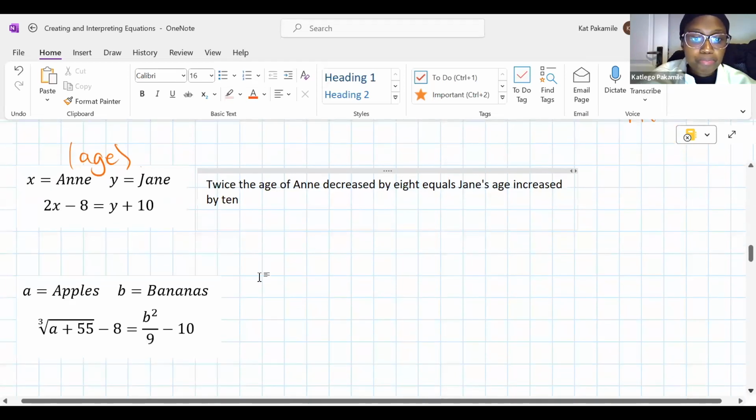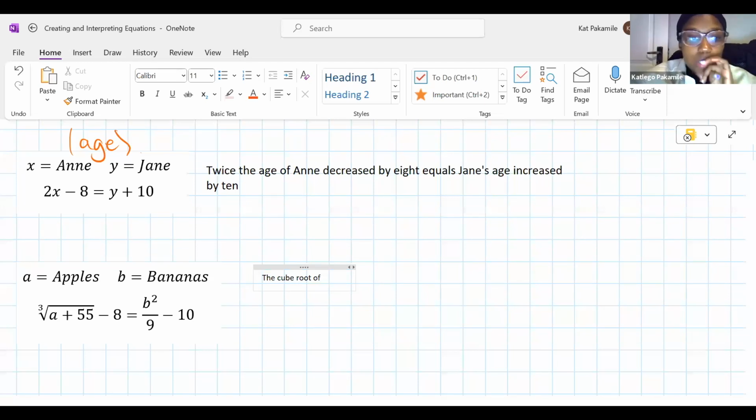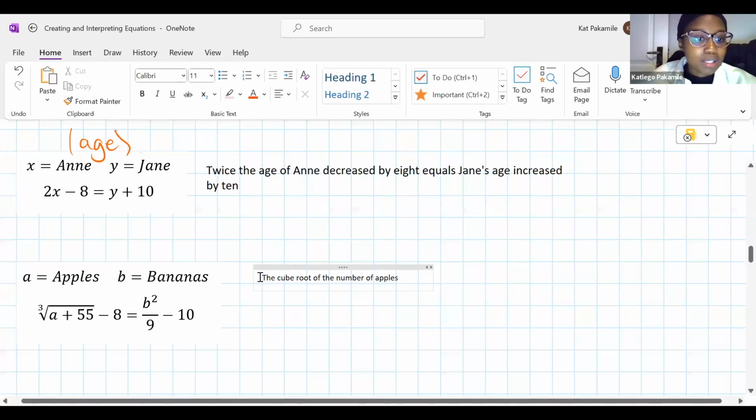So, ma'am, we're going to say the cube root of the number of apples, where A is the number of apples. Plus 55. Avoid using plus. What other words can we use besides plus? Increased.